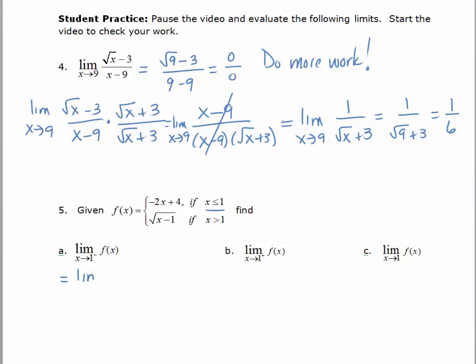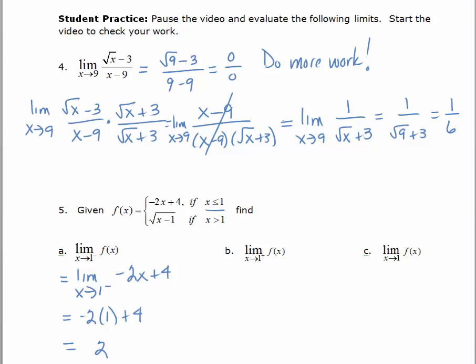So this would be the same thing as the limit as x approaches 1 from the left of negative 2x plus 4. This is a polynomial, so we just do direct substitution. Substituting 1 in for x, I get negative 2 times 1 plus 4, which is 2. So the left-hand limit, as we approach 1 from the left, is equal to 2.